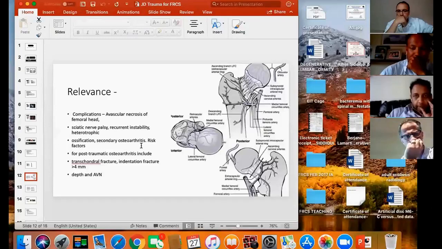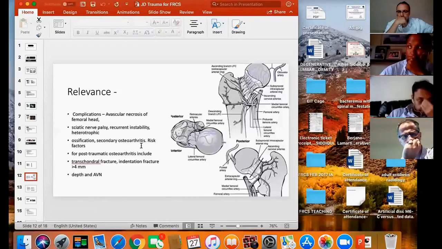If you see a hip X-ray or a hip dislocation X-ray, talk ATLS, talk about the mechanism of injury, dashboard injury. Talk about the knee, talk about the posterior lip injury, talk about one attempted reduction within the A&E setting.